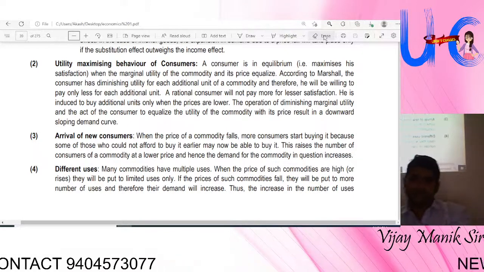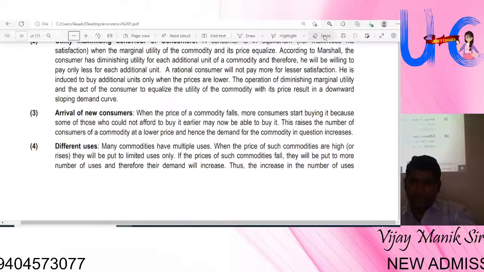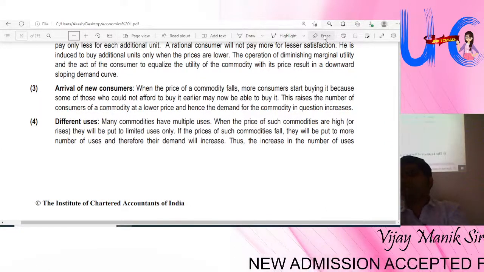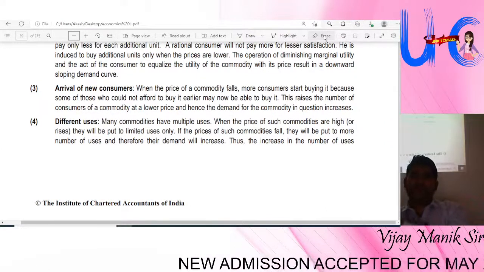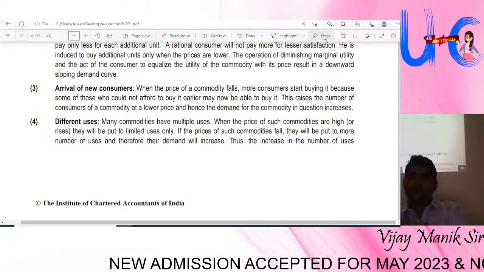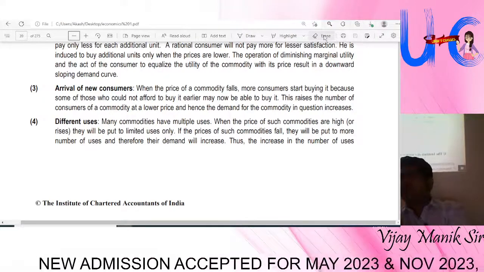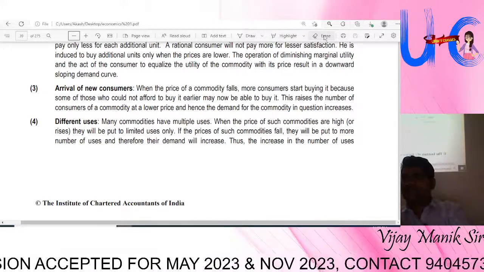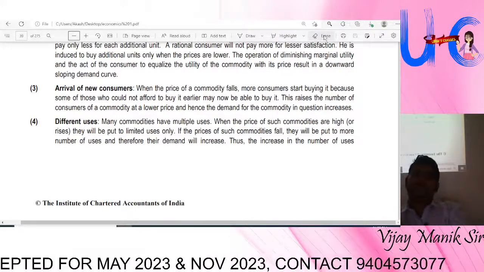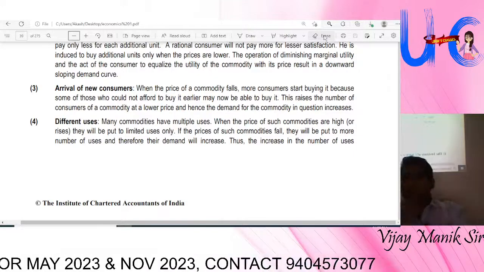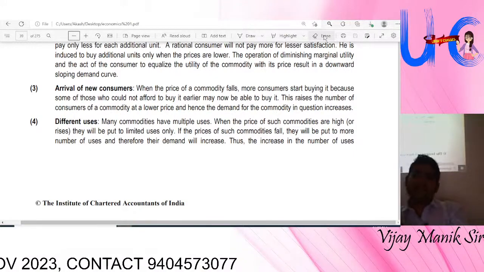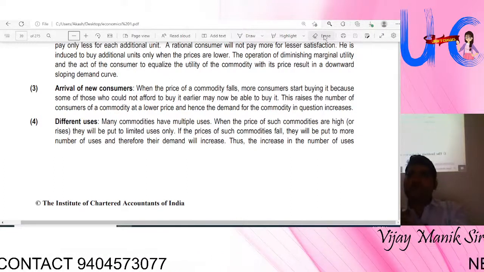Clear? Arrival of new consumers. Now it is for the producers. If the price of the commodity falls, then the law is working here, demand will increase. If demand increases, then new consumers will also come and join.